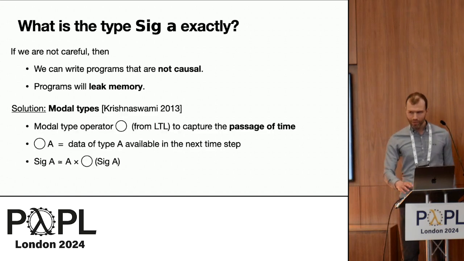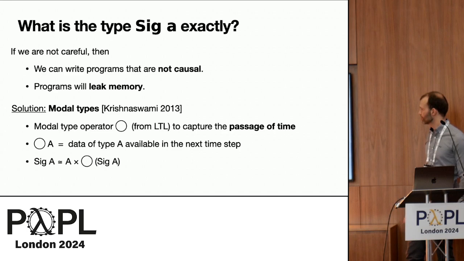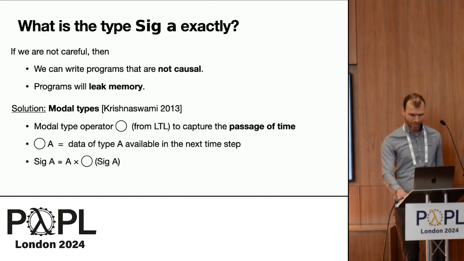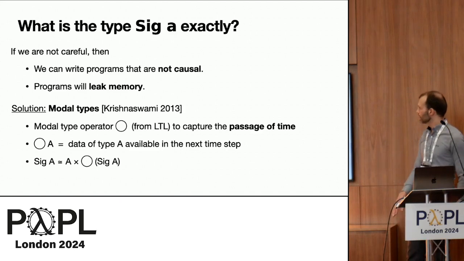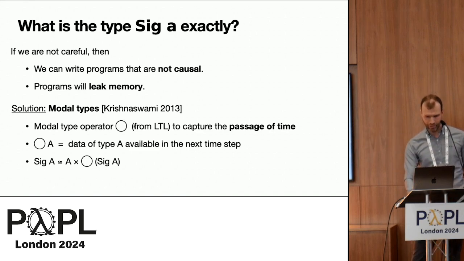There are a couple of ways to avoid these problems, and a particularly elegant one is using types. It was first proposed by Neel Krishnaswami a decade ago now, and it uses an idea drawn from linear time logic, using this modal type operator, this circle here, which we pronounce later.